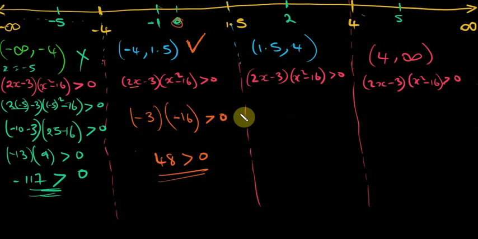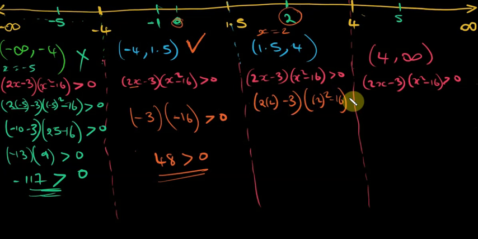Very good. Okay. Now let's look at the third region. We decided to take 2 as x. So x in this region is equal to 2. Alright, so let's see what happens. 2 multiplied by 2 minus 3, 2 squared minus 16. Everything must be greater than 0. So this becomes 4 minus 3, 4 minus 16 must be greater than 0.